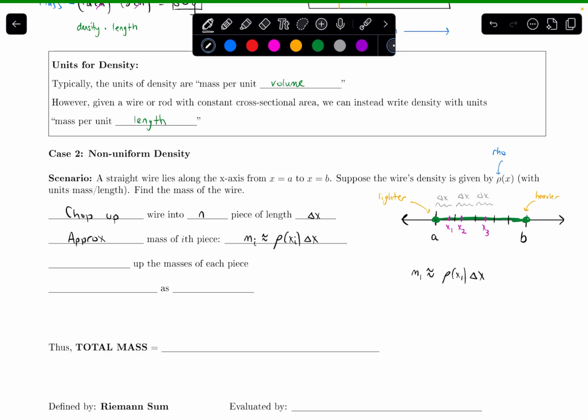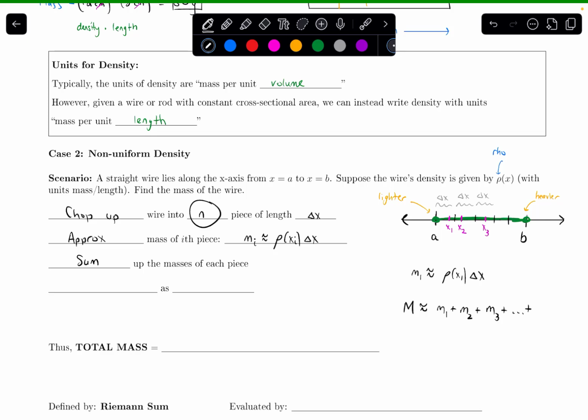From there, let's sum up the masses of each piece. I'm going to call the total mass capital M. And M, the actual mass, is approximately equal to each of these approximations added up: M1 for the first piece, M2 for the second piece, M3 for the third piece, plus and so on.